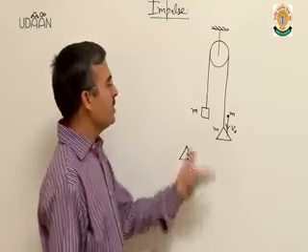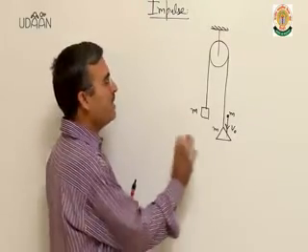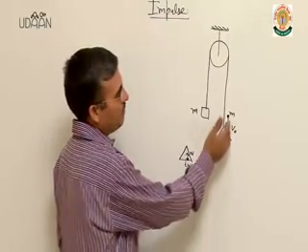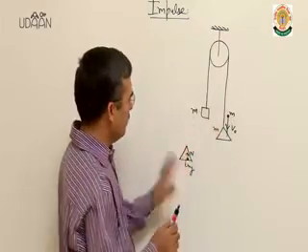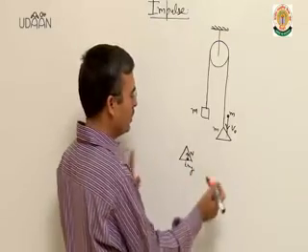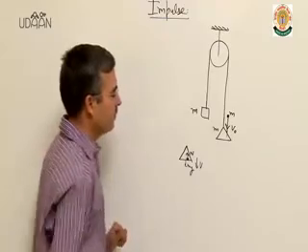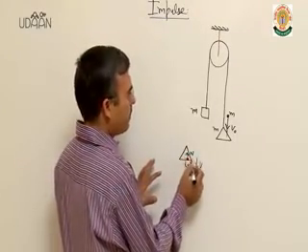So the impulse of mg is neglected, almost zero. The impulse of N will come, so due to that impulse, the momentum of the small m will change. Let the final velocity be v, moving with speed v in this direction. Clear?